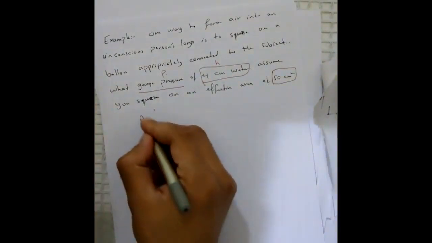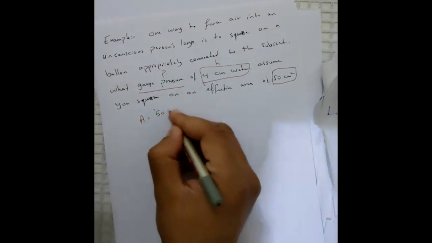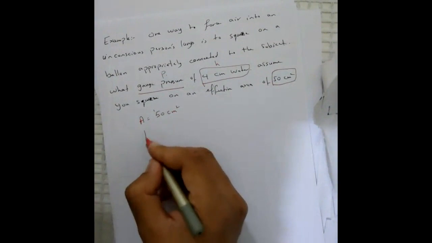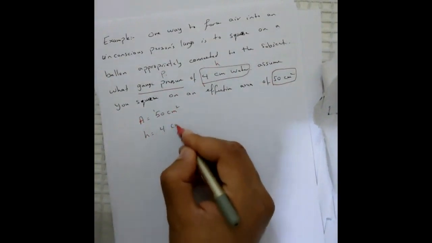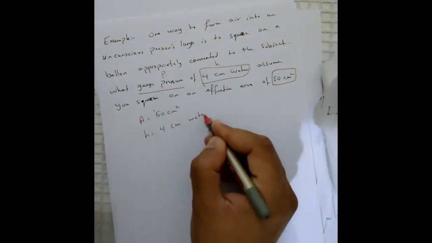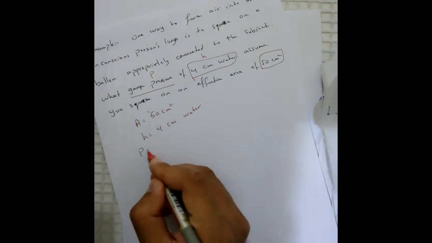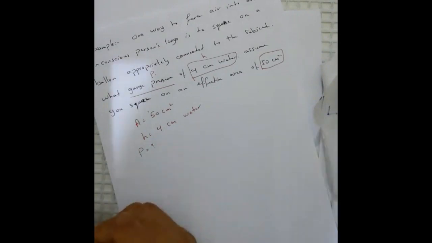Now, you have the area as 50 centimeter square, and H equal to 4 centimeter. We talk about the water. What does he want? He wants the pressure.